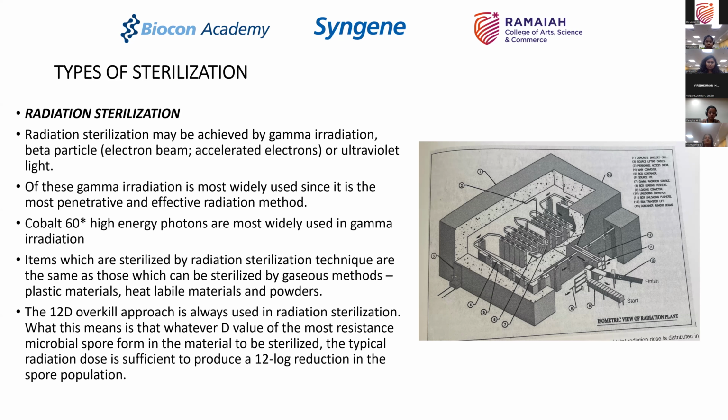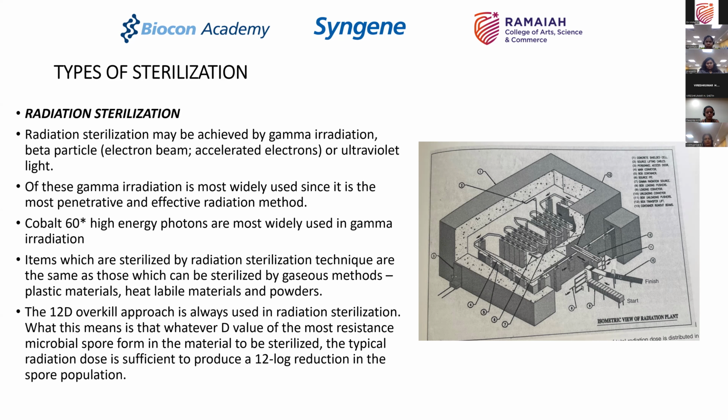Then we have the electron beam, with a high velocity of electrons that you generate as an accelerated beam, that is beta particles, and those beta particles again have limited penetration, as a result of which they do not become the first choice. Whereas gamma radiation, on the other hand, is an effective radiation method because it has the highest penetration possible within the component being sterilized.